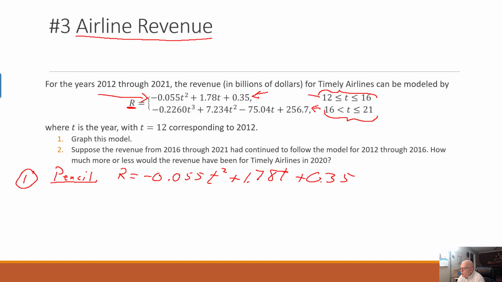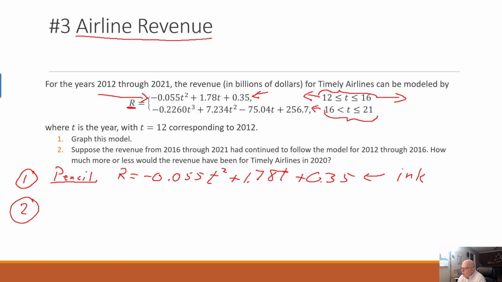Erase everything before 2012. Erase everything after 2016. Now, you can go back and you could put in ink what remains after you've erased the years that don't relate to that formula.